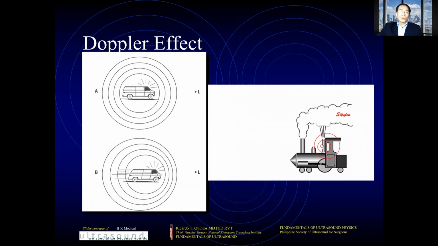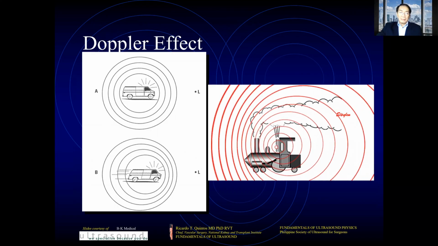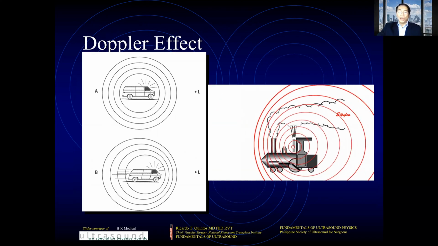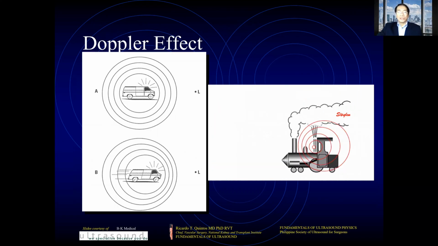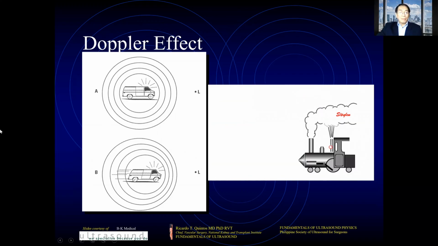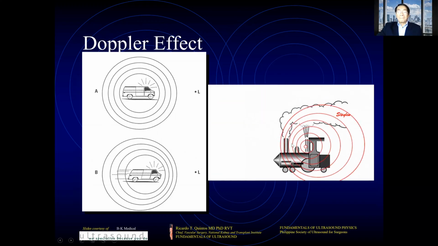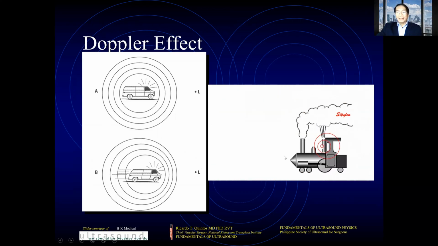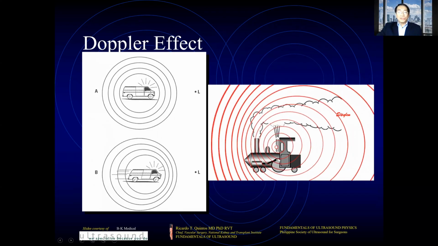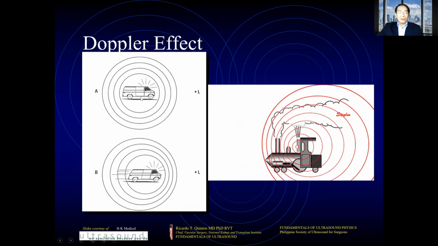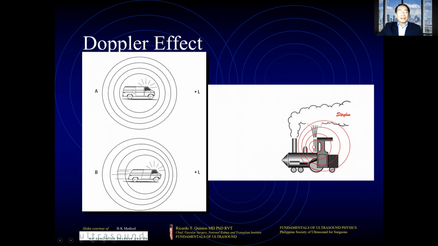Now, before we go to the color flow mode or the Doppler mode, we need to know what the Doppler effect is. The Doppler effect is what we usually hear when there is movement, and for example, the source of the sound is emanating from this moving object.